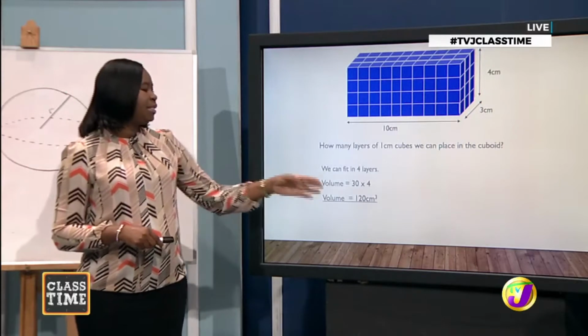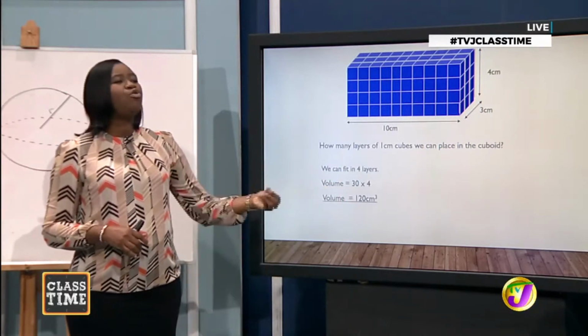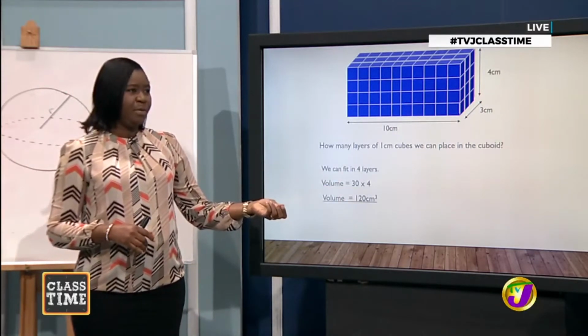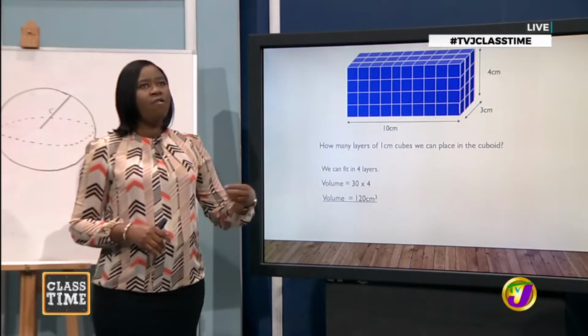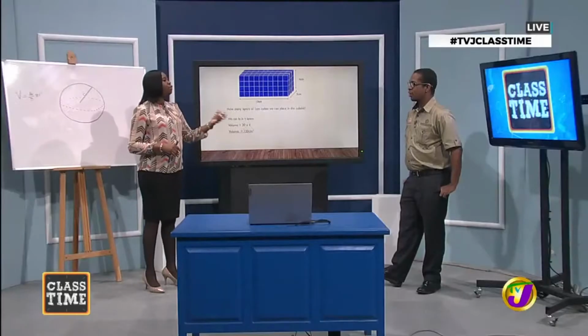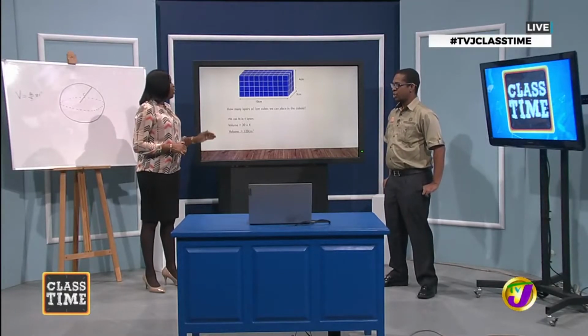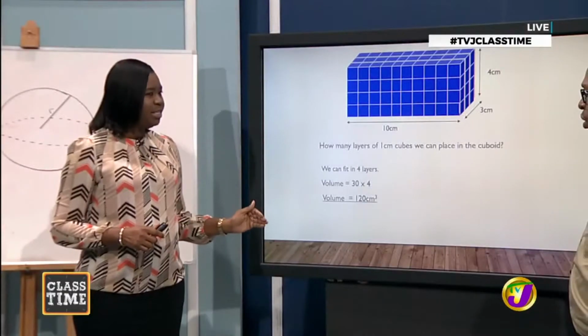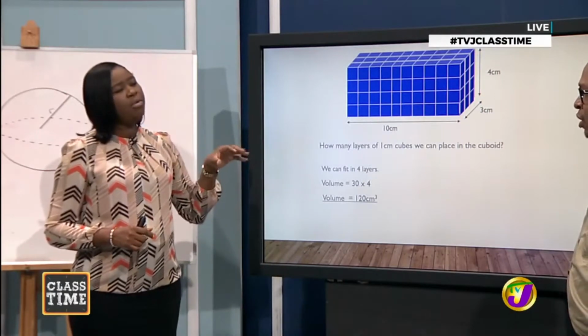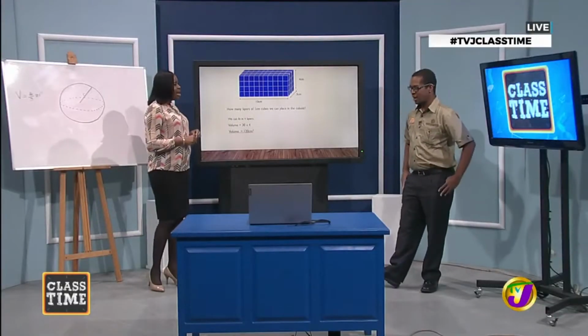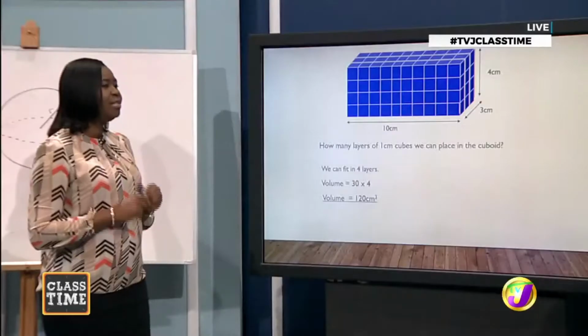When we say centimeter cube, we're saying cube the centimeter, just as if we were to say 4 squared or 4 to the 3rd power. That is not what we want. We're looking at how many cubic centimeters are able to fill. If I said 5 centimeter cube, that would be 5 times 5 times 5, and that's not what we're doing. So the correct thing to say is cubic centimeters.